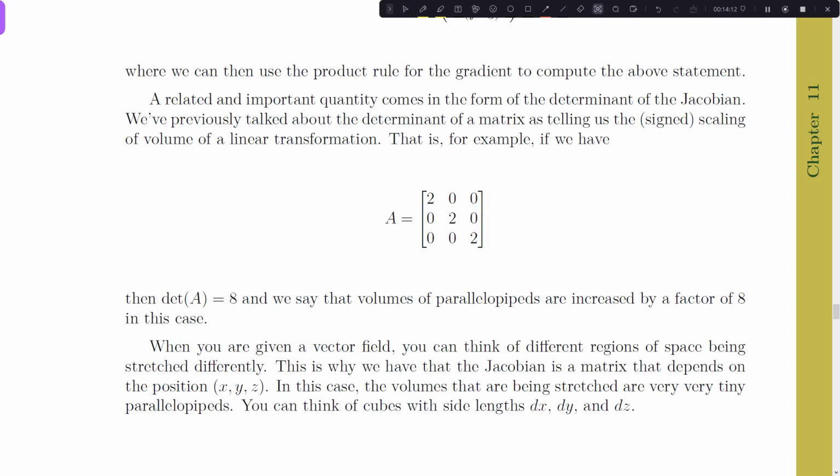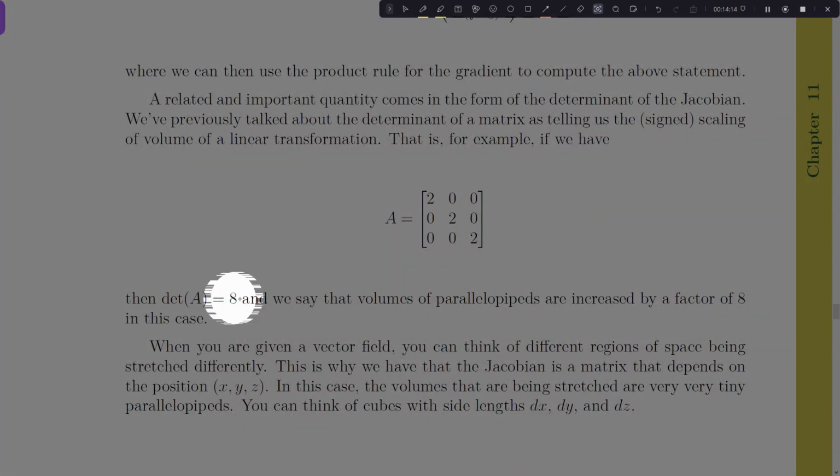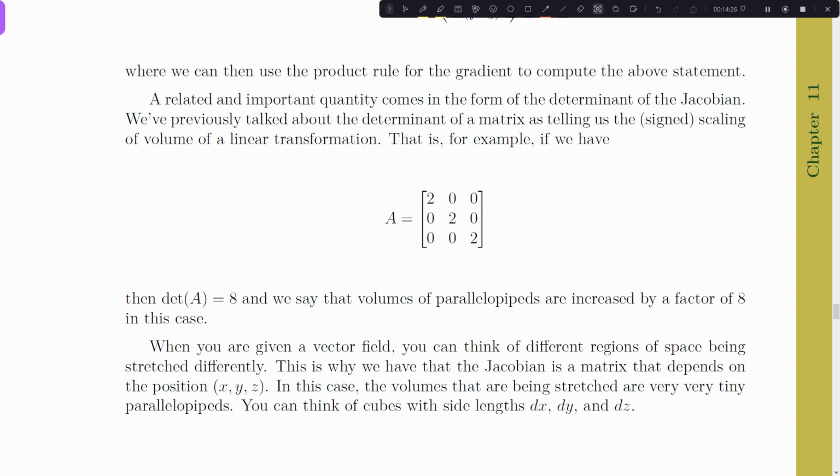Something else that they mention about this is that if you recall from linear maps, this would have been maybe a chapter or two ago, in linear maps, if we have a matrix with some entries, it maps some object in three-dimensional space. A matrix will basically map, let's take a cube, for example. Okay, so the matrix A maps a cube into a new space, and the cube gets shifted, right?